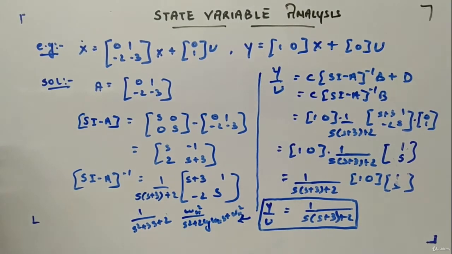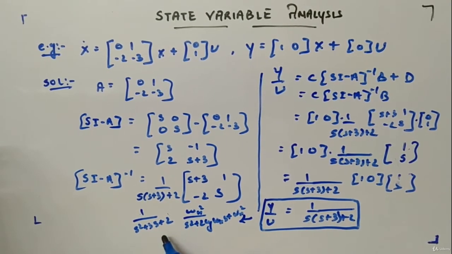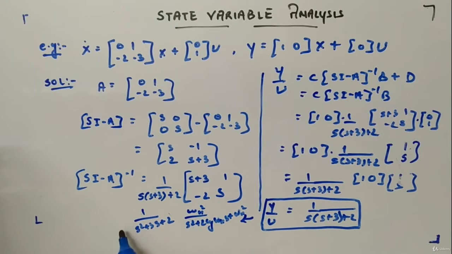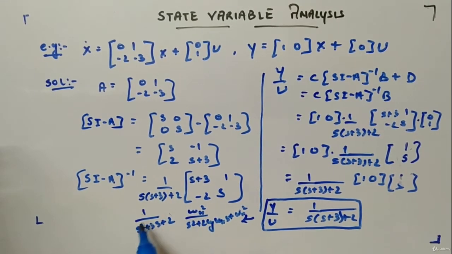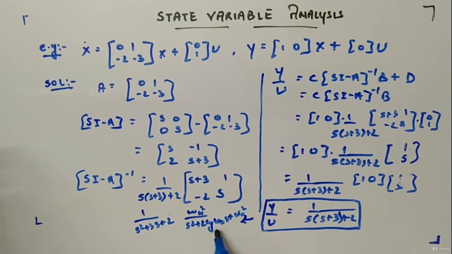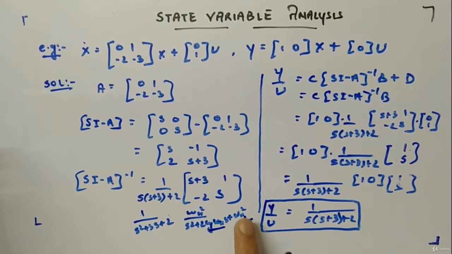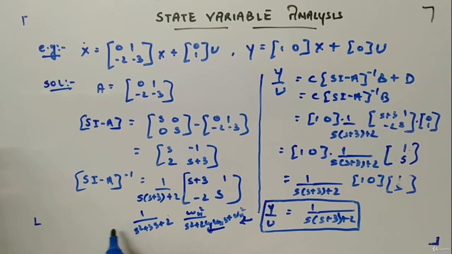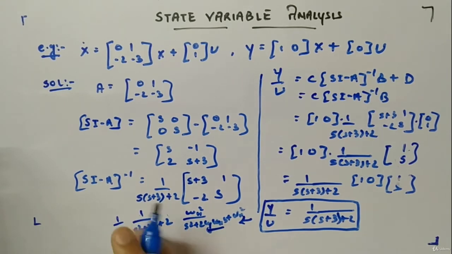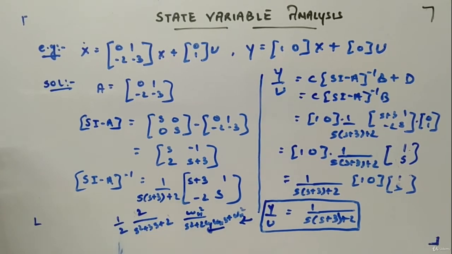If you compare, multiplying and dividing by root 2, you will be able to extract the values of zeta and omega n. That you already know. If you want me to do it, then here I multiply and divide by 1 by 2, and here 2, so this will become a constant.